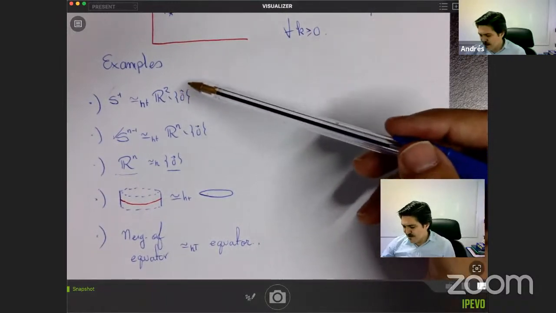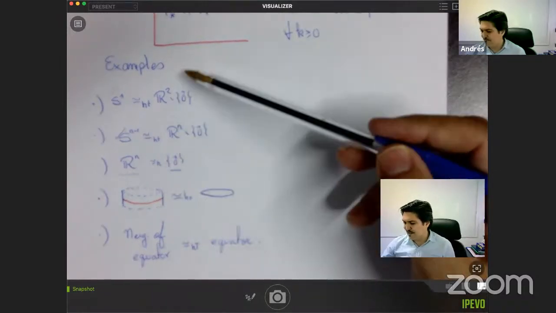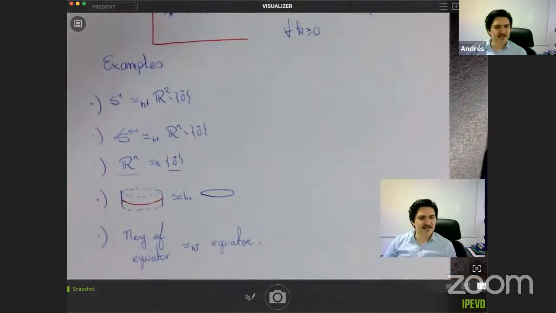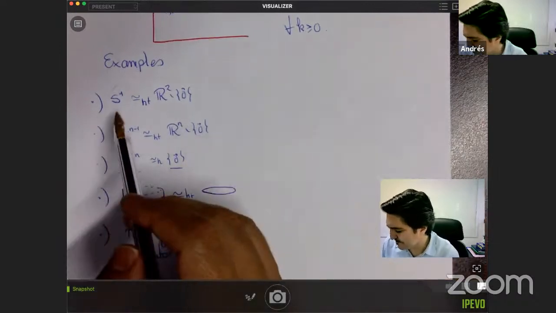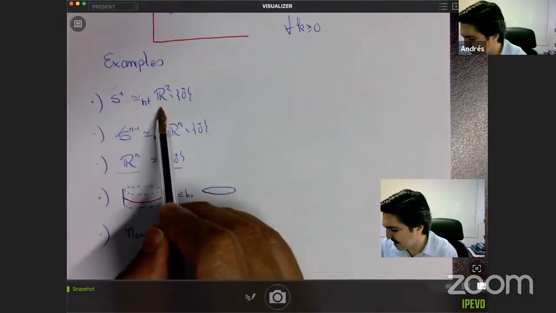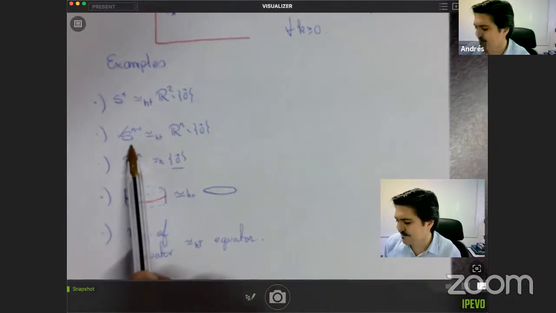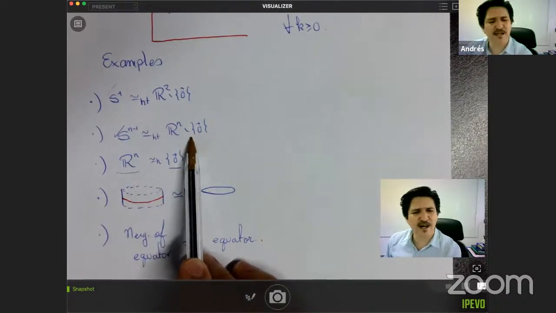And the other thing about all of these examples is that they are a very particular type of homotopy type. Because you see, this one is a subset of this one. Again, this one is a subset or a submanifold.